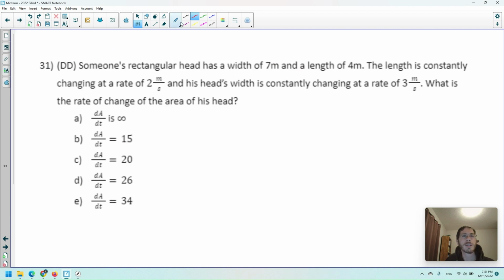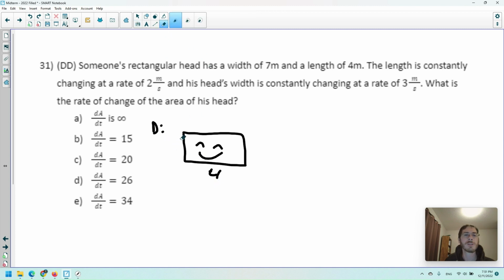For 31, someone's rectangular head. So this sounds like a dreads question. So we'll draw our head. That's our rectangular head. I think our person's going to be happy this time. We'll make our person happy. But we have a width of 7 meters and a length of 4 meters. So I guess I kind of drew my head the wrong way. That's okay.